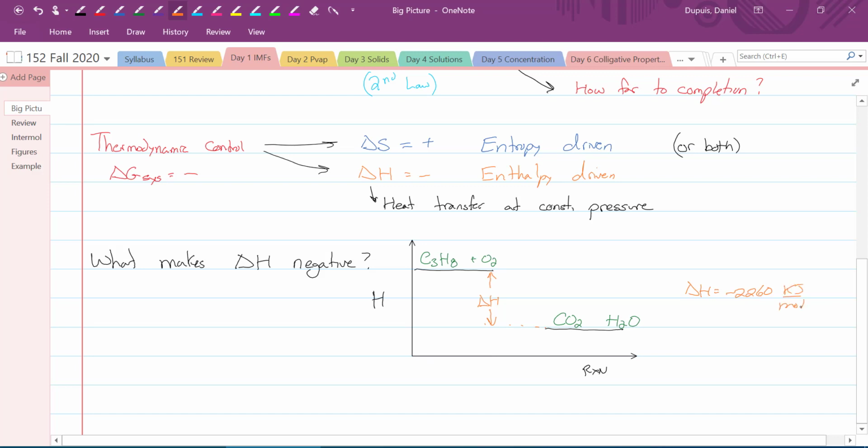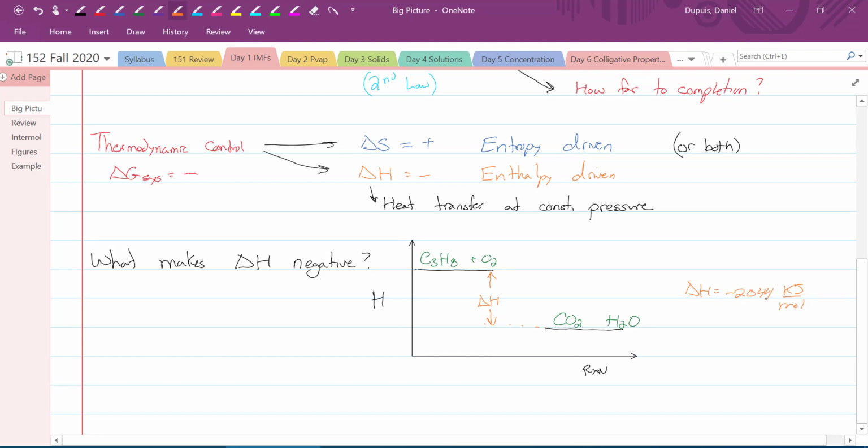I'll be looking that up. And so we need to know why does energy come out of there, right? So what makes delta H negative? It's a great question. All right, and I'm almost there. It is 2044. Got the right number.